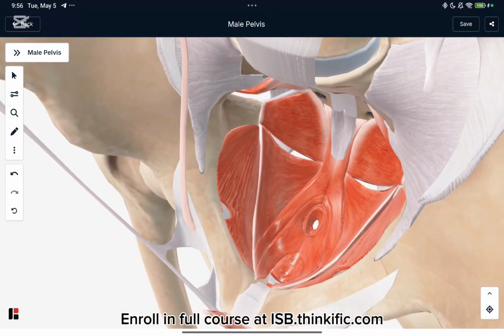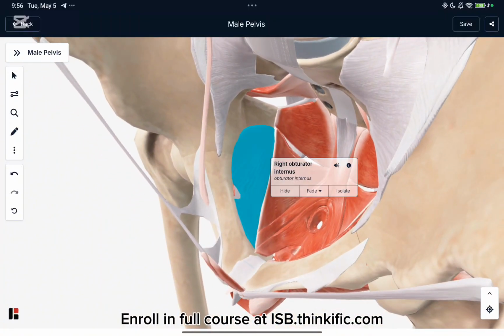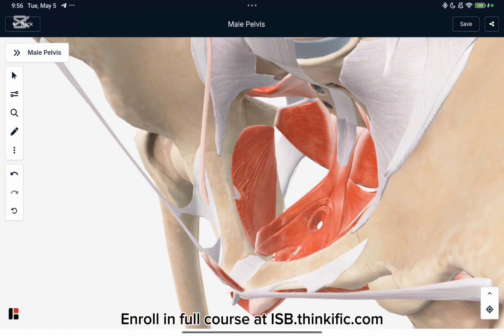The first muscle that I would like to talk about is a very special muscle. It's this one highlighted here, which is called the obturator internus. It forms the anterolateral wall of the pelvis. I'm just going to remove some of the floor muscles so that we can see the full extent of the obturator internus.